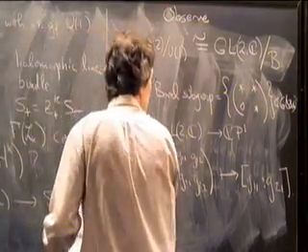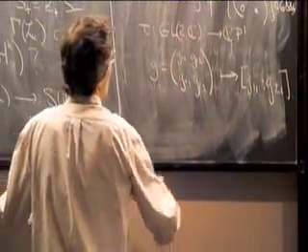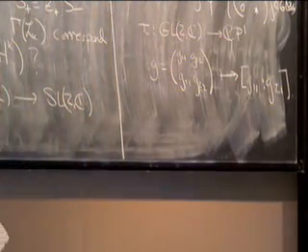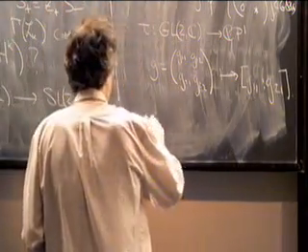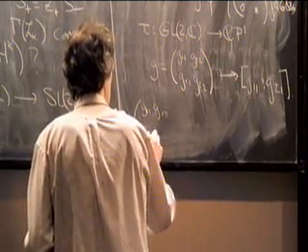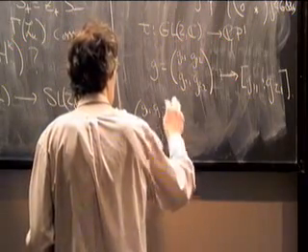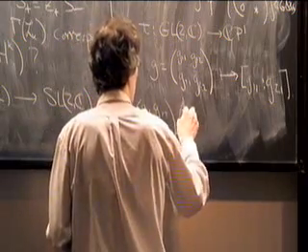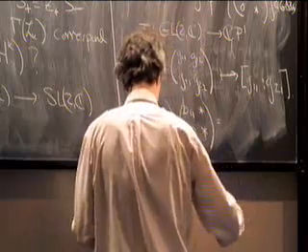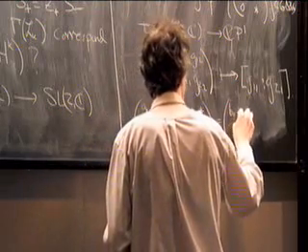That's because the fiber, I claim, of that map will be the Borel subgroup, and to check that, you simply note that if you multiply a matrix like this times a matrix like this, then that's equal to a matrix like this.